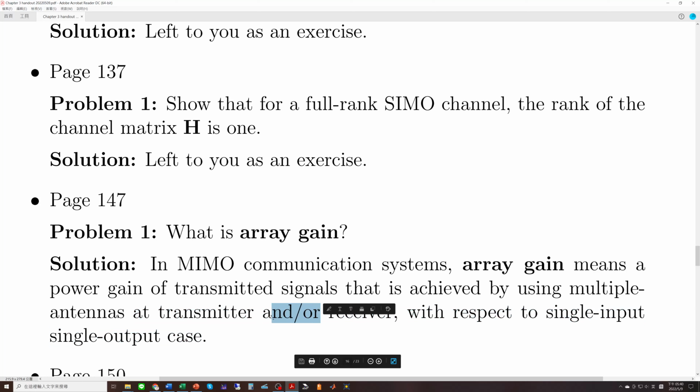This means that you can use multiple antennas only at the transmitter, only at the receiver, or at both. This is the definition of array gain.